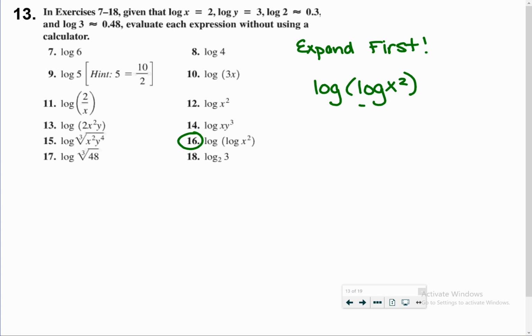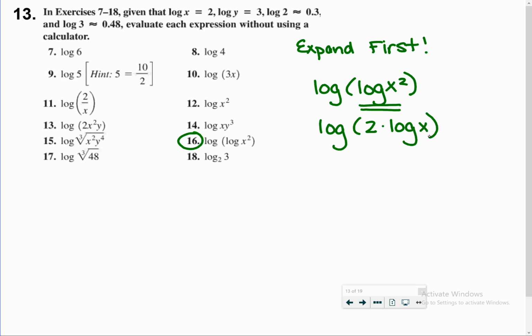So first, I'm going to just deal with what's on the inside of the parentheses there. How can I expand that? What could I do? I could bring the 2 down in front. Okay, so I have 2 times log x. Okay, and then this actually might be enough for me to be able to answer this question.